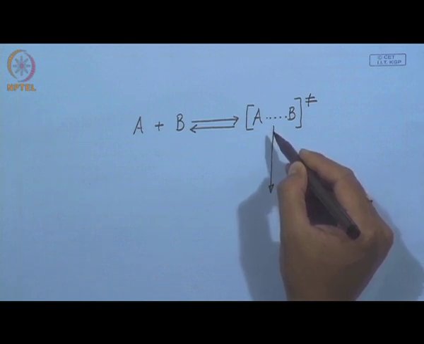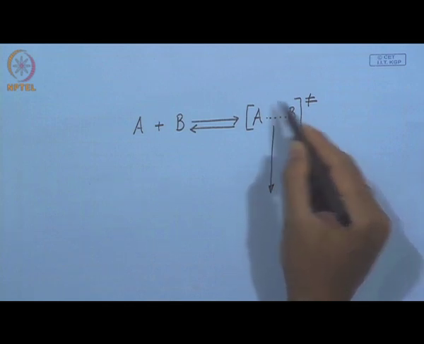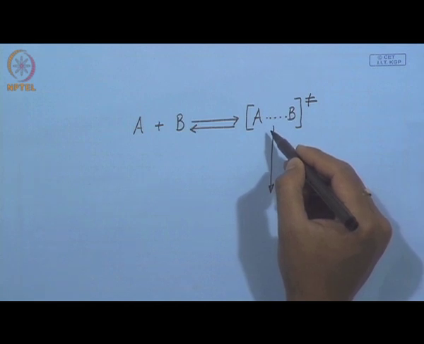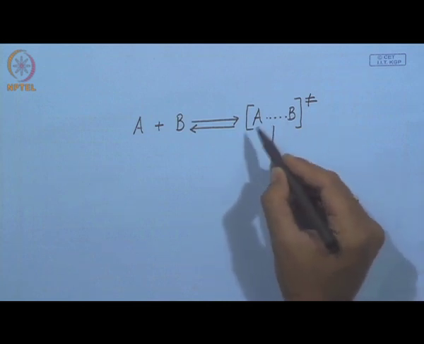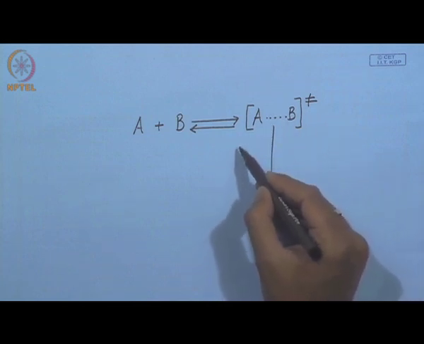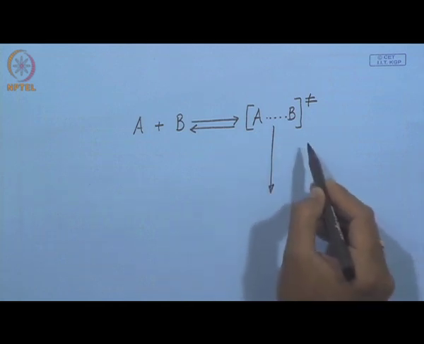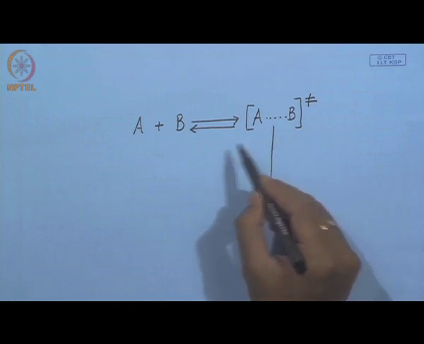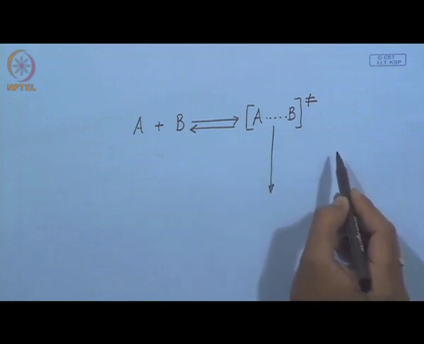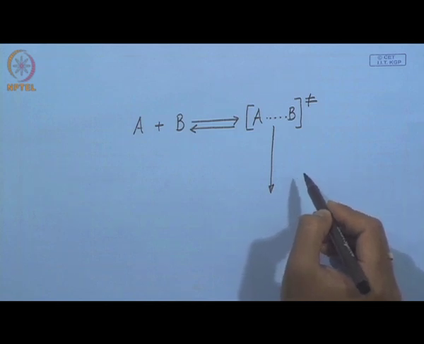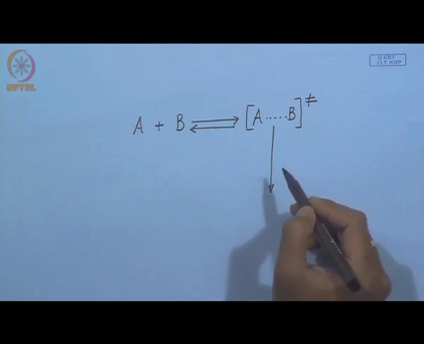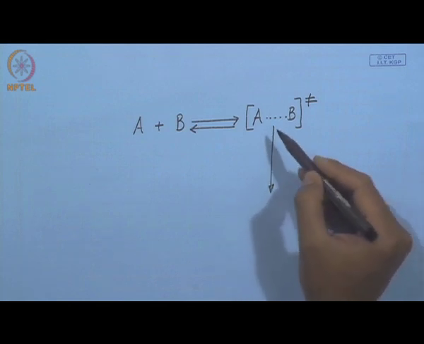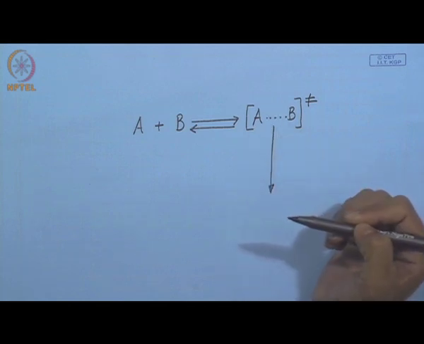So, you have to take out one of the many vibrational modes of the molecule or the complex and convert this to a translation, and this translation is responsible for passage from one side to another. So, this particular vibrational mode is responsible for passage from left hand side to right hand side out of the many vibrational modes, and that is a weak vibration. And that happens with this activated complex.